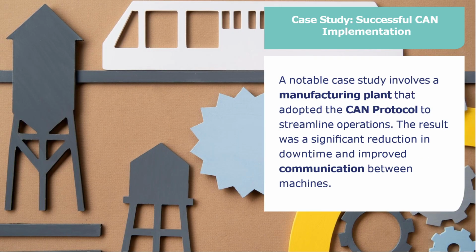Okay, next, successful CAN implementation. How is the CAN implementation going? A notable case study involves a manufacturing plant that adopted the CAN protocol to streamline operations. The result was a significant reduction in downtime and improved communication between the machines.